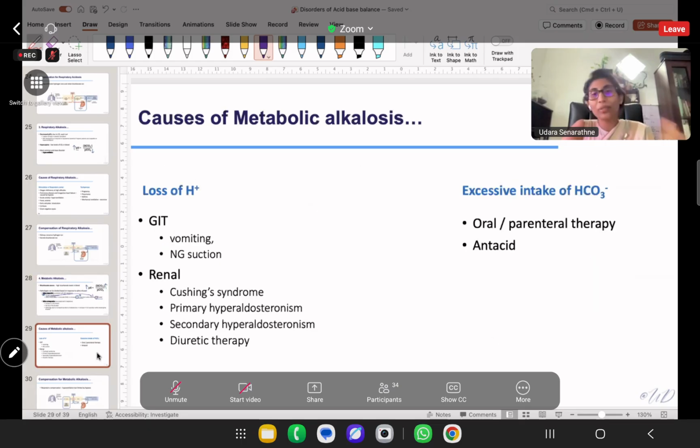So let's look at what those are. Loss of H+ due to vomiting and NG suction. Would these be saline responsive? Can anybody tell me whether these would be saline responsive? Yes. Vomiting. Would it be saline responsive or not?